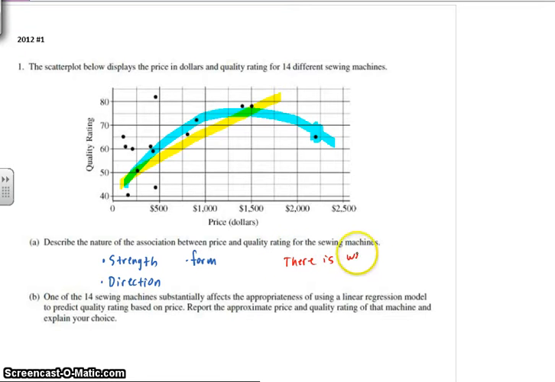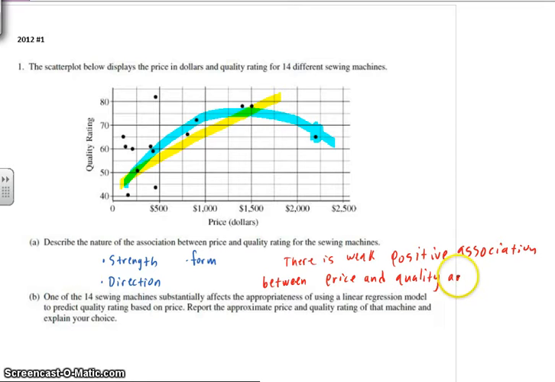There's a weak, can't spell weak, positive association between price and quality and the data appear nonlinear.